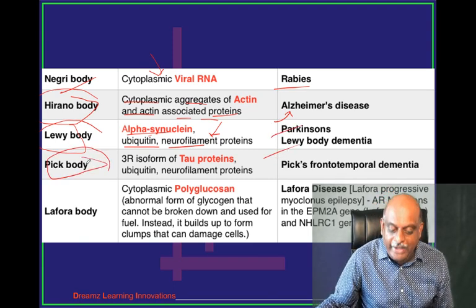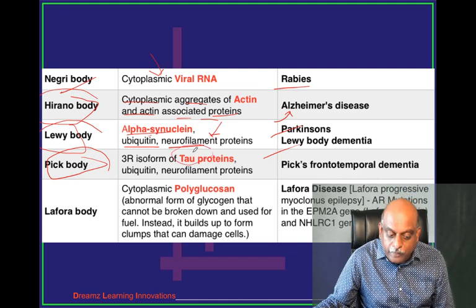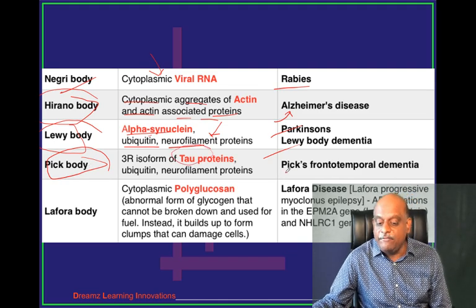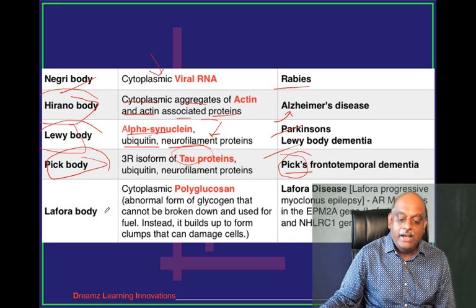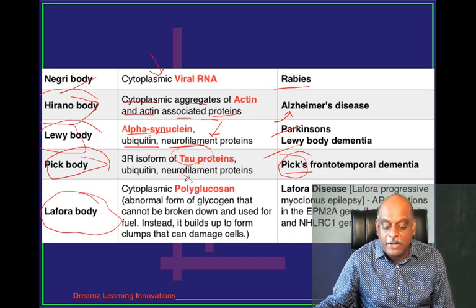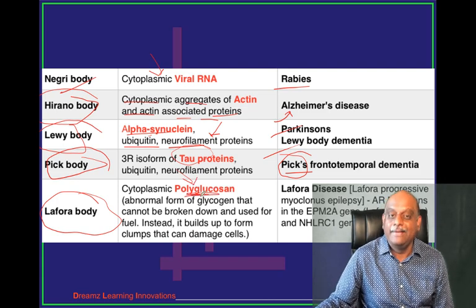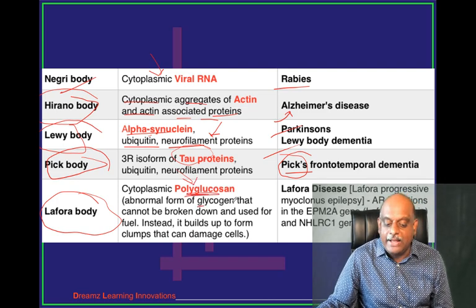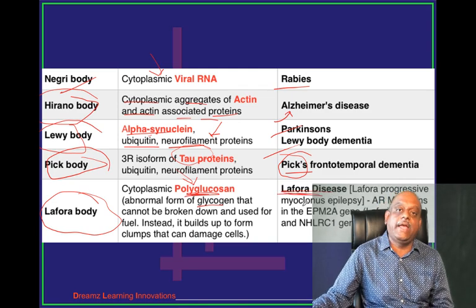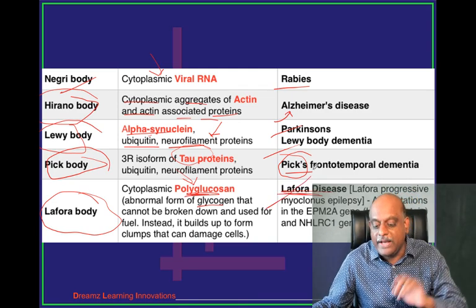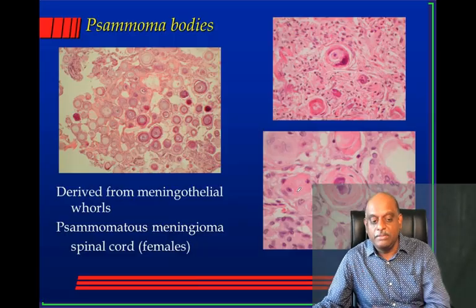Pick bodies are tau proteins, typically found in frontotemporal dementia of Pick. Lafora bodies are cytoplasmic polyglucosan, the abnormal form of glycogen, typically found in Lafora disease, which is a progressive myoclonic epilepsy, is what you should understand.